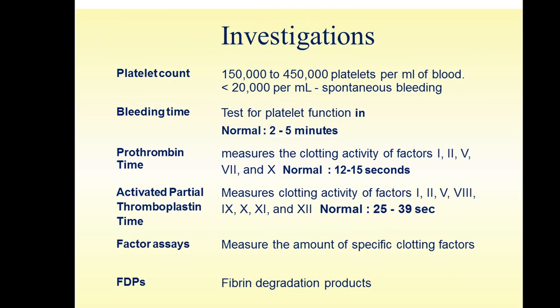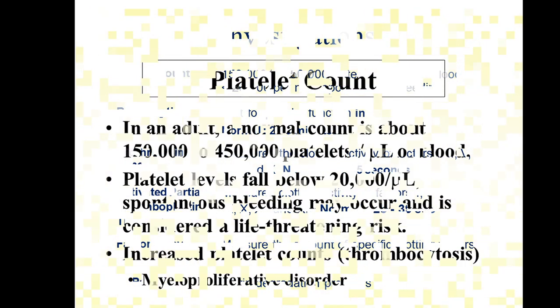Of course, I am ending my lecture, and for those who want to know more, I am giving you the normal values. Normal platelet count should be 150 to 400 thousand per microliter of blood. Less than 20 may cause spontaneous bleeding. Also, you should know bleeding time, from 2 to 5 minutes, prothrombin time, activated partial thromboplastin time, and fibrin degradation products.